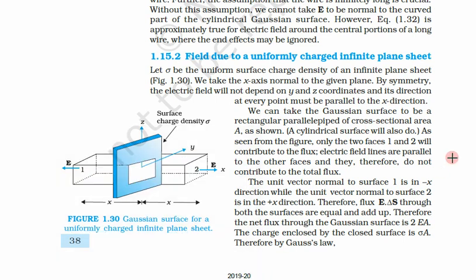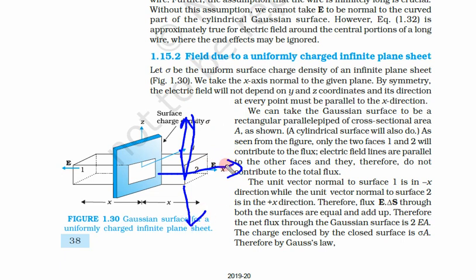This is the box-type structure, a parallelepiped. The electric field is in this direction, and the direction of the normal to this surface is in the z direction.